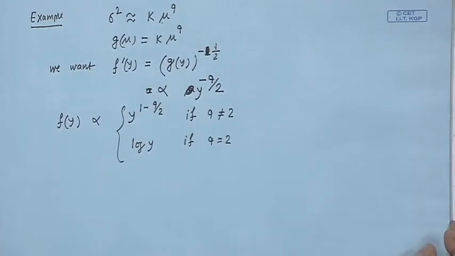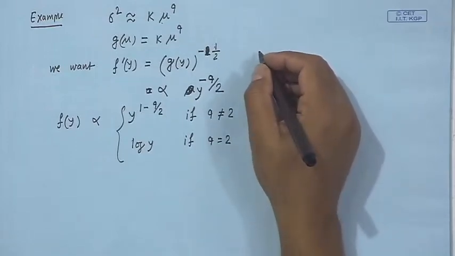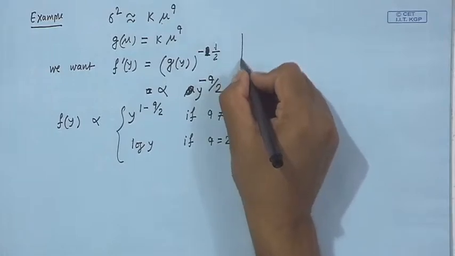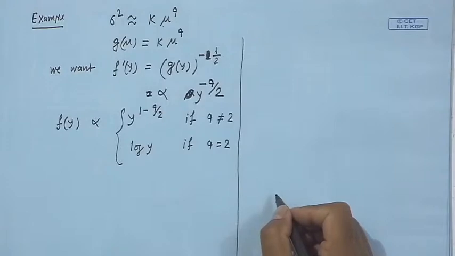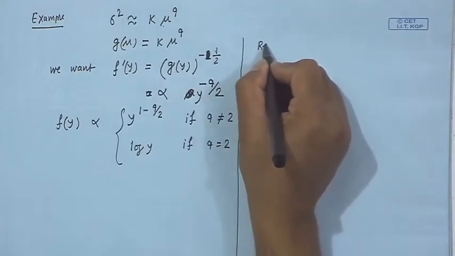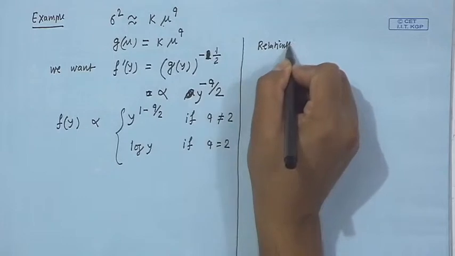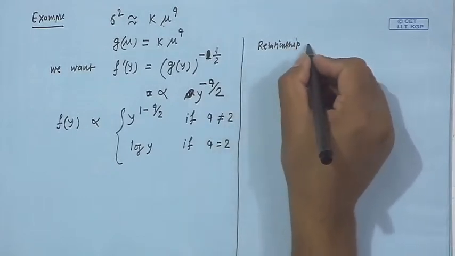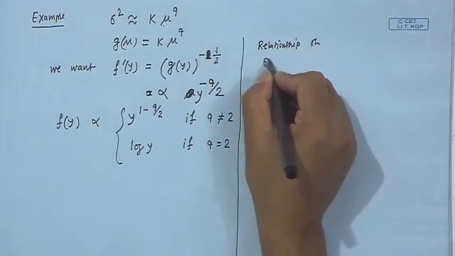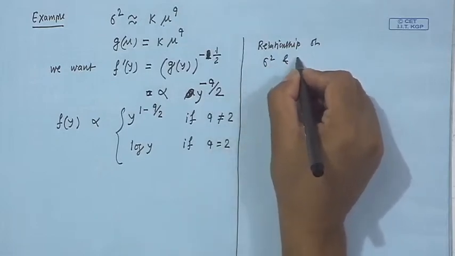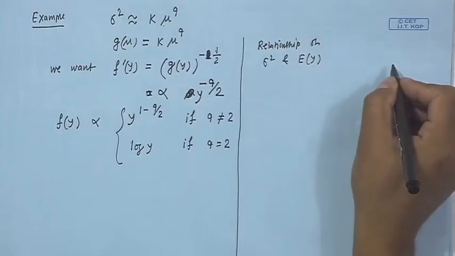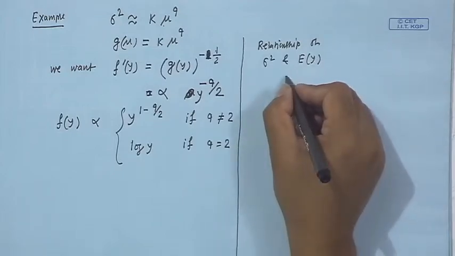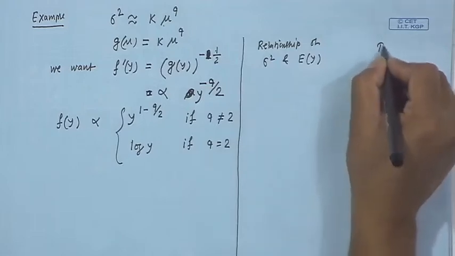Now, I will talk about several commonly used transformations. Suppose the relationship of sigma square and E(y), and the transformation here.